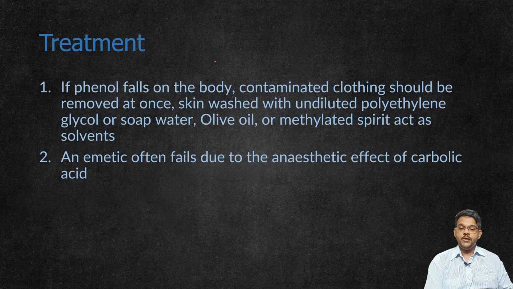Coming to treatment of carbolic acid poisoning, if phenol falls on the body, the affected clothing should be removed at once. The skin is washed with undiluted polyethylene glycol, or soap and water, olive oil, or methylated spirit, which act as solvents. An emetic often fails since phenol has an anesthetic effect. The gag reflex is eliminated, so the person may not be able to vomit the contents.